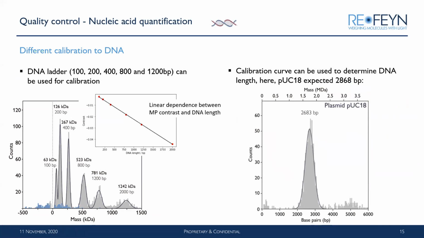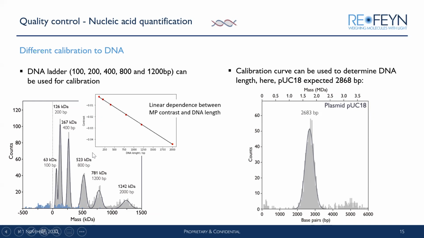So I told you that mass photometry can work with other biomolecules, and here is the first example, DNA, which works really nicely and easily with mass photometry. And here it's also an opportunity to see an example of a calibration curve, specifically DNA length, and this is a DNA ladder.